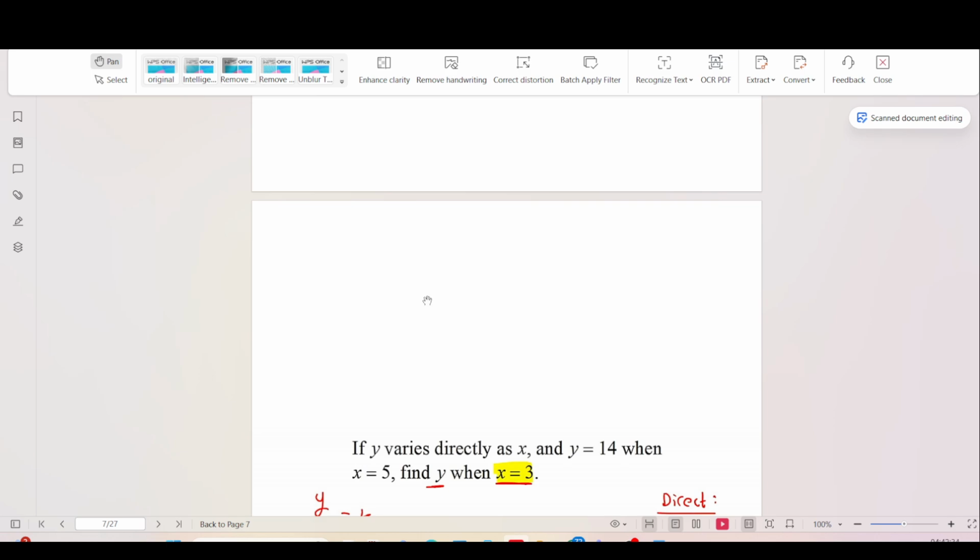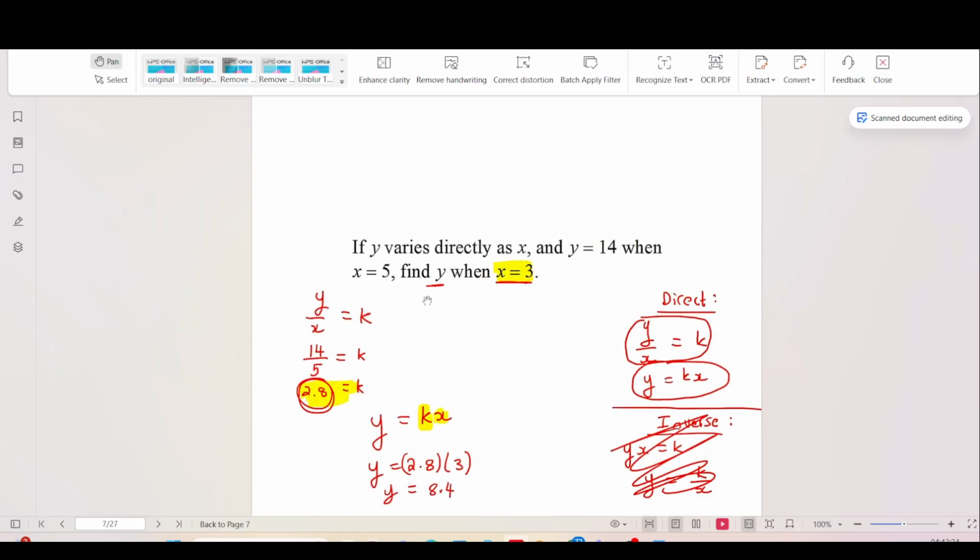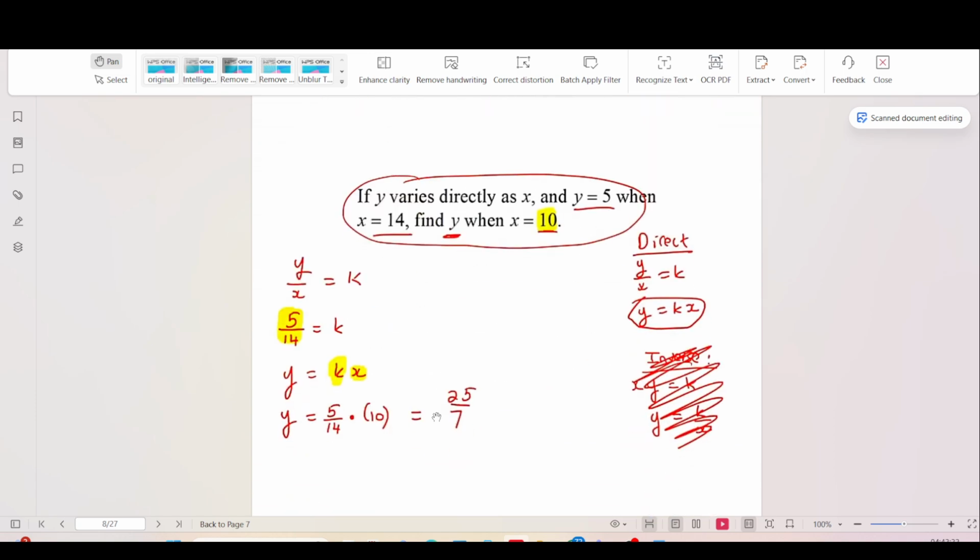So 14 over 5 equals y over x. Whatever 14 over 5 is equal to would be my y over x. 14 over 5 is 2.8, and then you times it with 3, right? Yes, exactly. This is what you have to do.